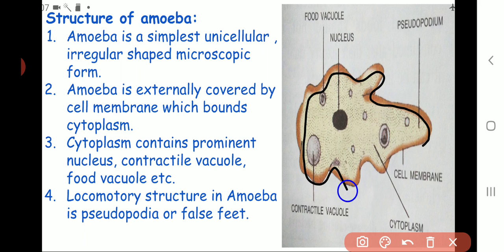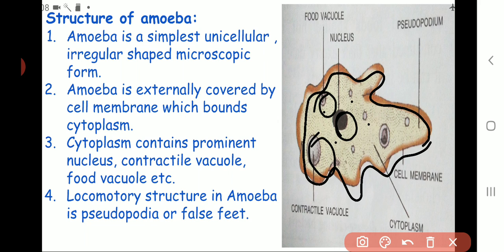That is nothing but the cell membrane which is going to bound the cytoplasm. Cytoplasm includes a prominent nucleus at the center and also has food vacuoles and contractile vacuoles.